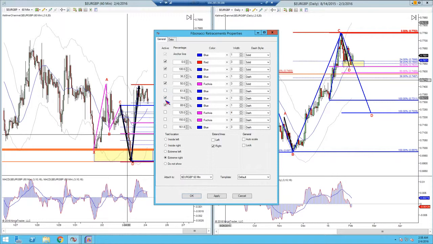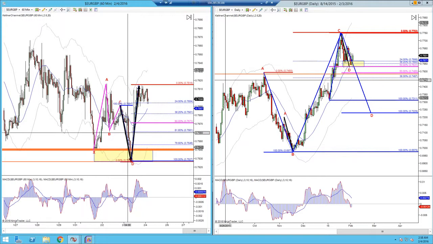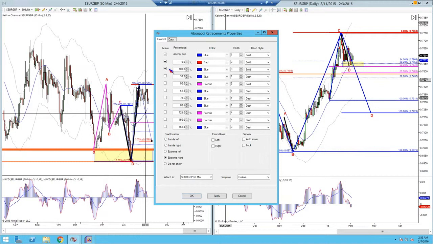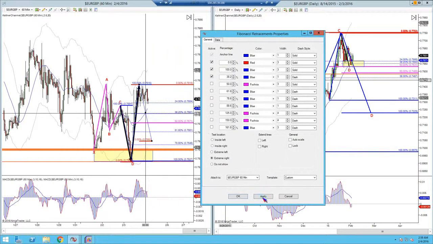Now to get rid of all this here. I'm going to take that and copy it. See that? Just like that. We're going to take this as a 24 or 38%. I want to see where this comes in.